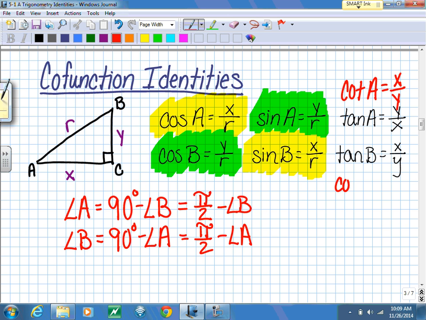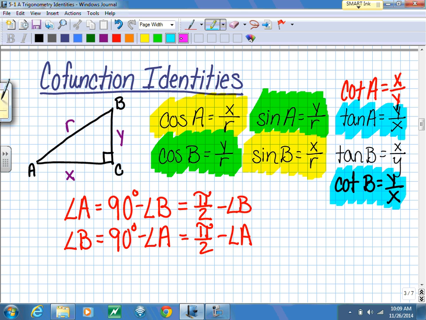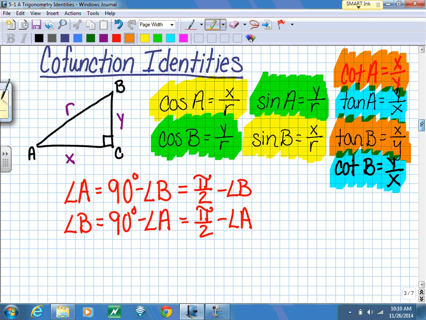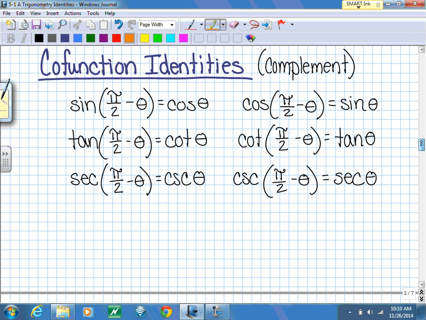If I take the cotangent of angle B, I get y over x. So our tangent of angle A is equal to the cotangent of angle B, and our cotangent of angle A is equal to the tangent of angle B. And how we got those angles, again, is by taking pi over 2 minus theta.